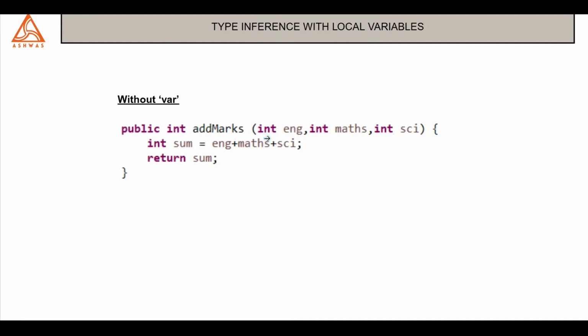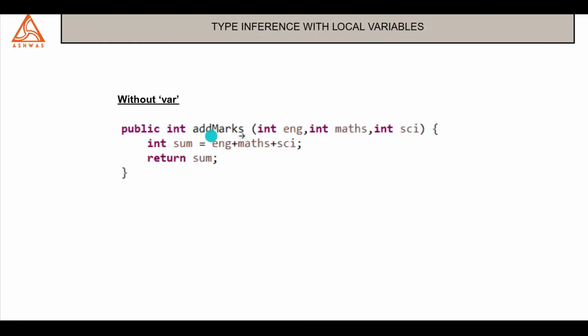The name of the first parameter is eng, second being maths, third being science. These three are the parameters of the method add marks. When at runtime some value is passed to the add marks method, those values are called arguments coming into the method. So when you declare, it is the parameters, and at runtime, the incoming values are called arguments.